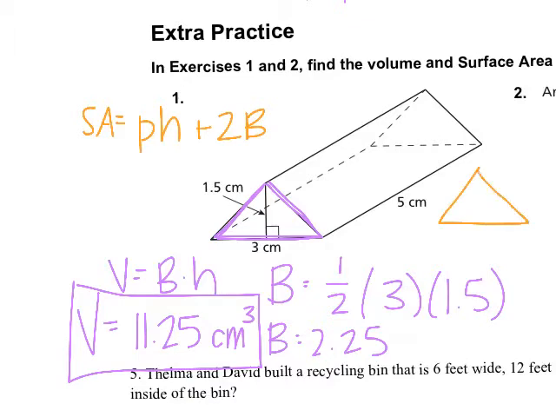So let's calculate perimeter of the base first. This is where your trig/triangle stuff comes in. Because once again, I am going to have to cut this up into 2 different triangles with my right triangle in order to calculate this side length over here. You can think of this as a 45, 45, 90 triangle, or if you just want to use Pythagorean theorem, I'm cool with that too.